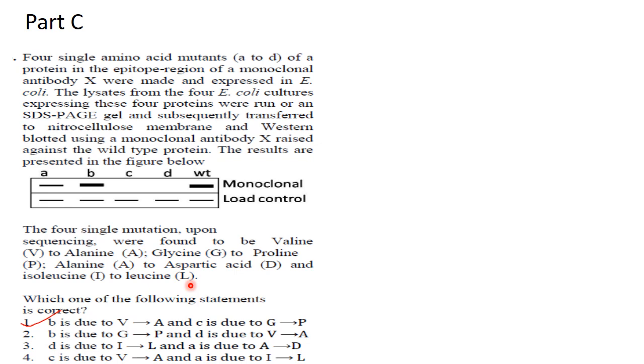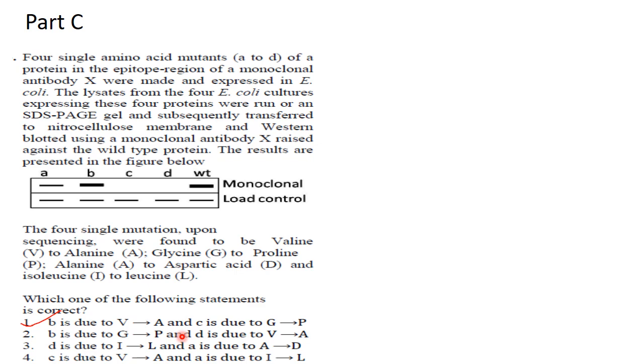Okay, now coming to the question. Now B is due to V to A, that is valine to alanine. B, you got a band over here, valine to alanine. Valine and alanine have almost the same biochemical properties. So you will get a band upon the binding of the monoclonal antibody X to the mutated epitope region where valine has been replaced by alanine.